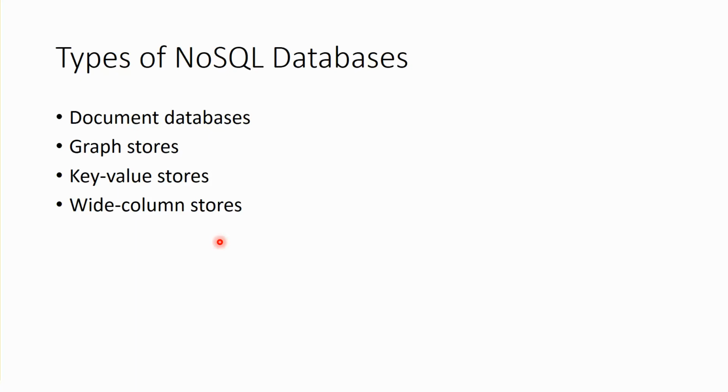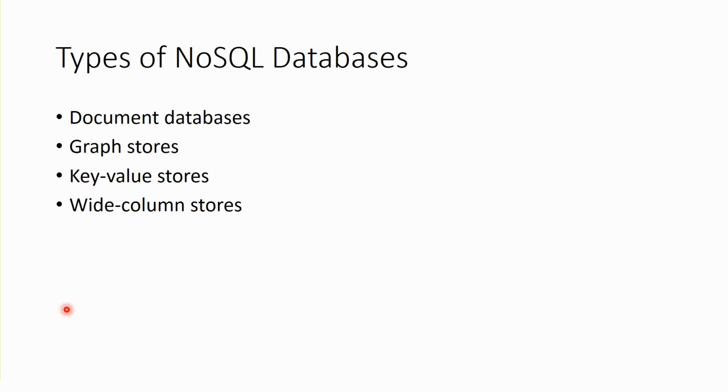The first one is a document database. A document database is the most common NoSQL database. NoSQL databases have key-value pairs.